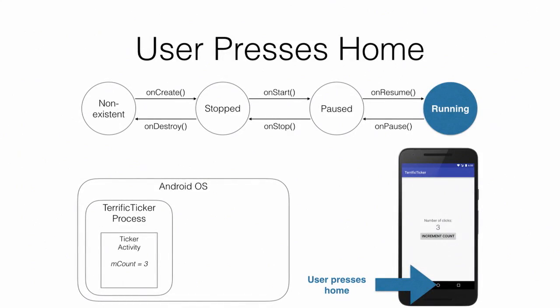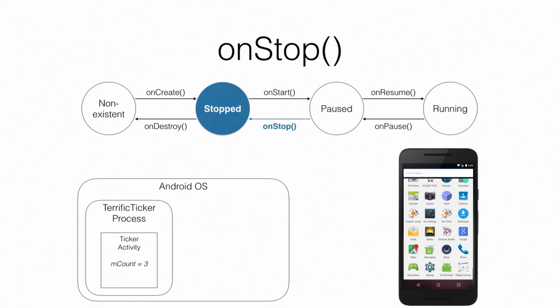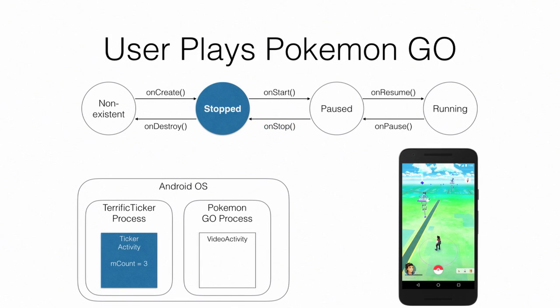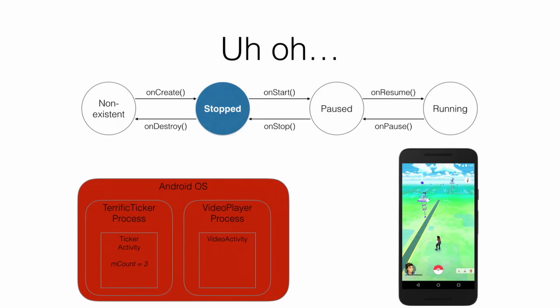Okay, so the user is on my ticker activity, and they press home. We move through onPause, through onStop to the stopped state. Now I go play Pokemon Go, or whatever game or thing you want to do that's going to take up lots of memory. And all is fine and dandy until there's memory pressure, and the system starts to say, wait a minute, I need to clean some things up. Your ticker activity is in the stopped state.